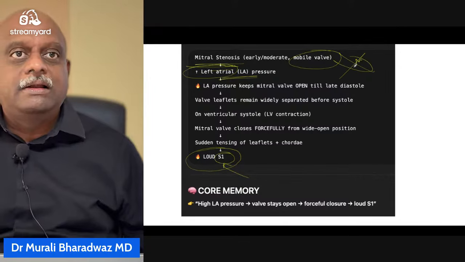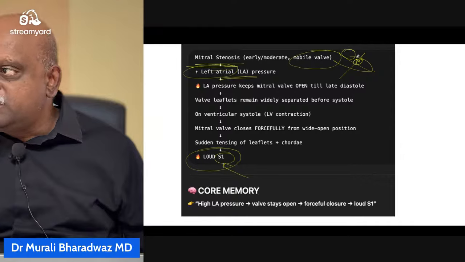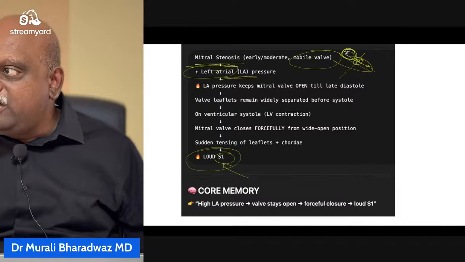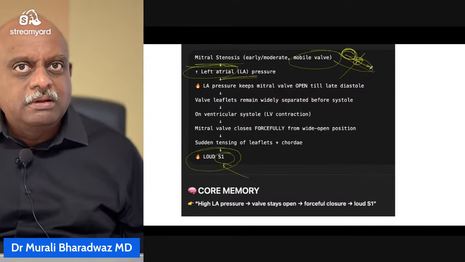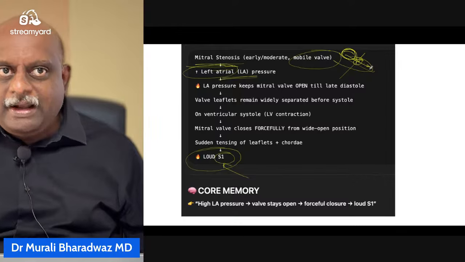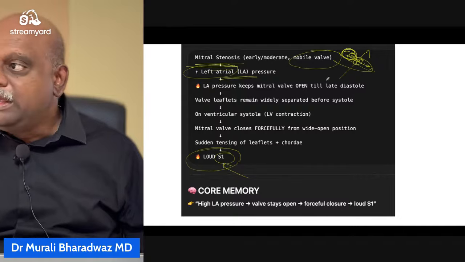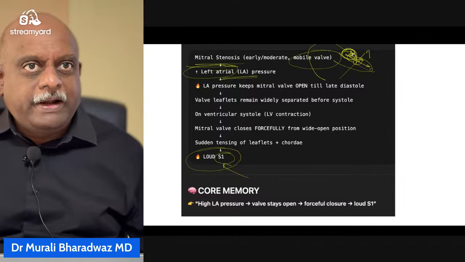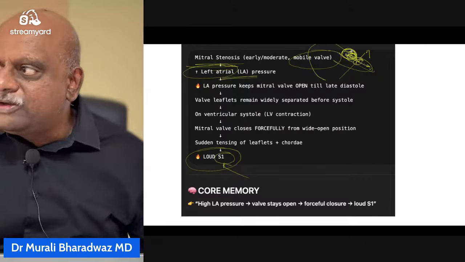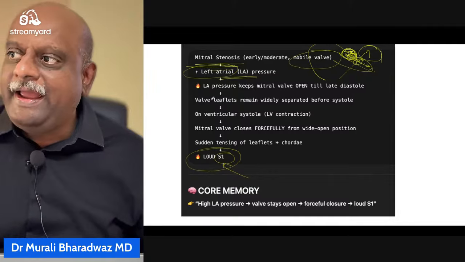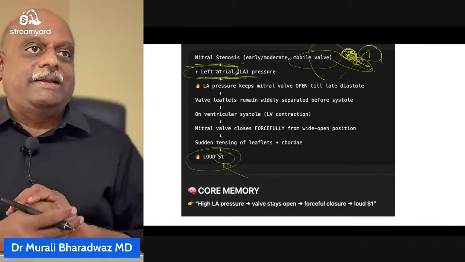Because this is a stenotic valve and the atrium is trying to push the blood into the ventricle. All the blood in the atria will not go into the ventricle, so some will be left. The regular venous return once more brings the full blood plus the previous leftover. Together they will cause a high left atrial pressure.